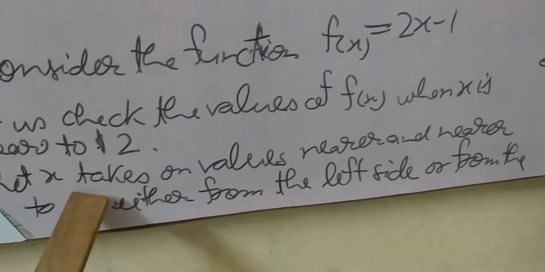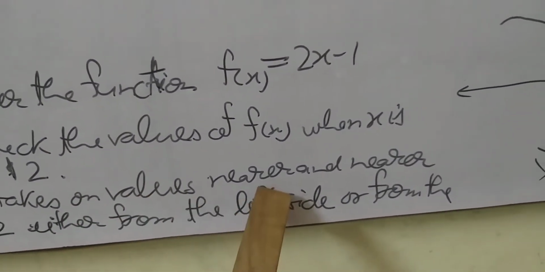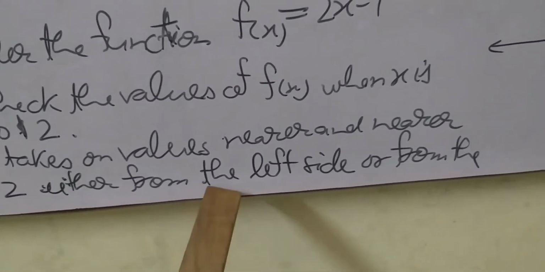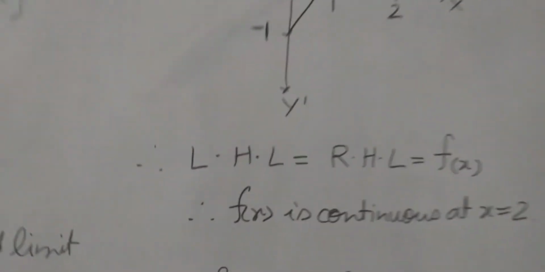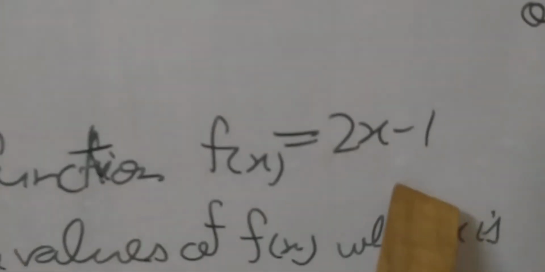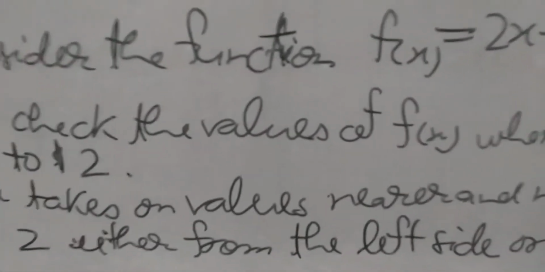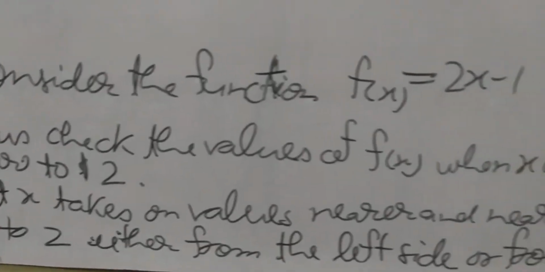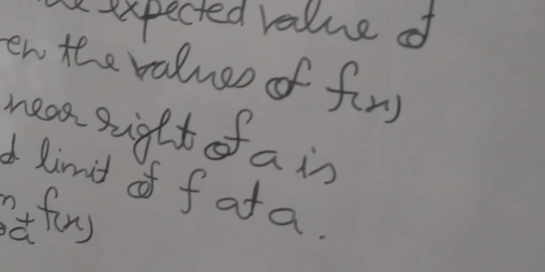Let x take values nearer and nearer to 2, either from the left side or from the right side. So we are going to check the values of f(x) when x tends to 2.